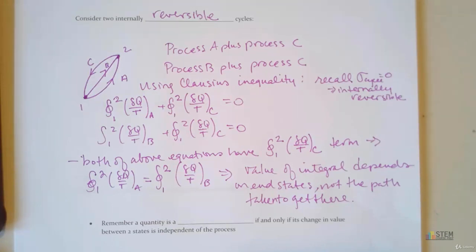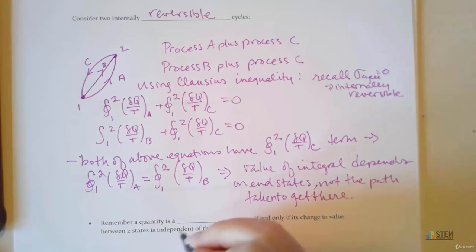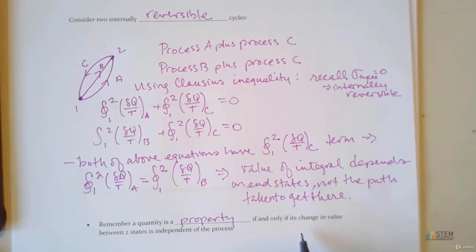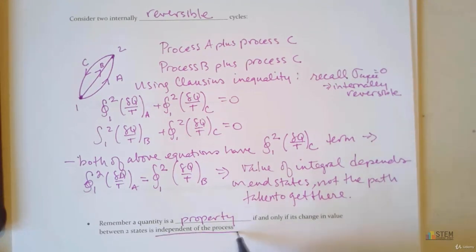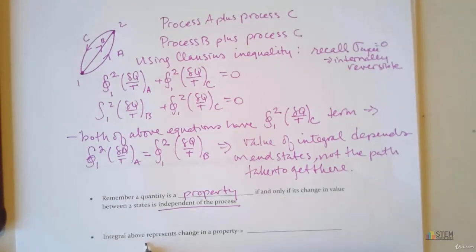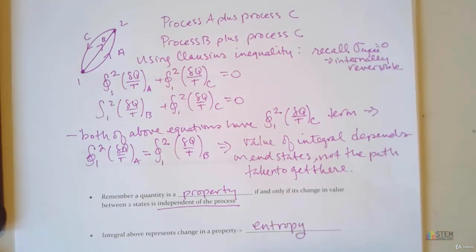Now remember, a quantity is going to be a property if and only if its change in value between two states is independent of the process. Now, the integral above that we were just talking about, that represents the change in a property. And that change is going to be entropy.